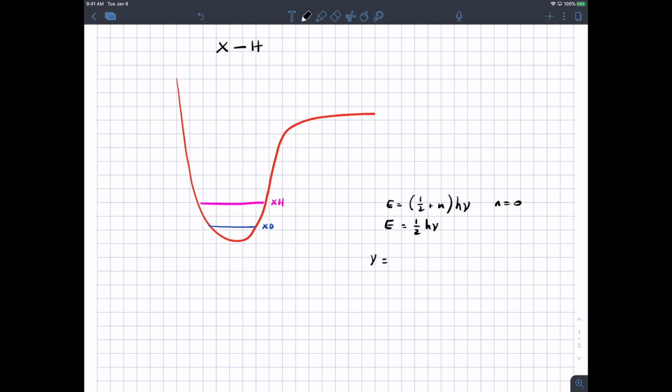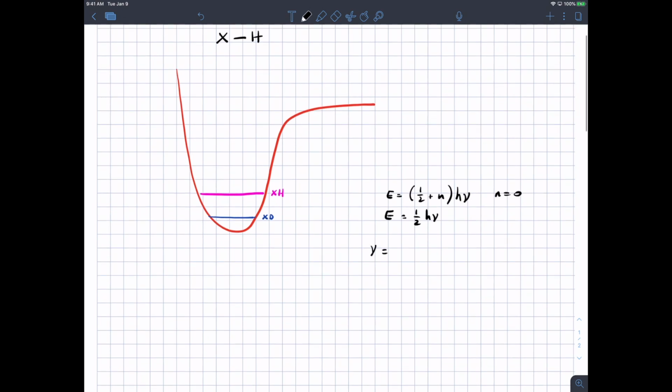And then remember that we said the vibrational frequency was a function of a couple of things. First, you've got a force constant, which I'm going to call F. Your book calls it K, but there's too many K's in this chapter, so we're just going to use F. And then a reduced mass, which is equal to mass 1 times mass 2 divided by mass 1 plus mass 2.